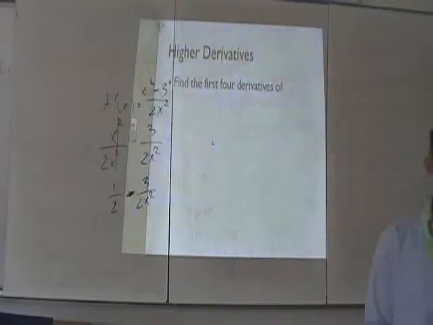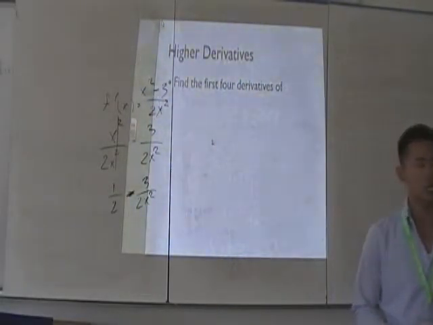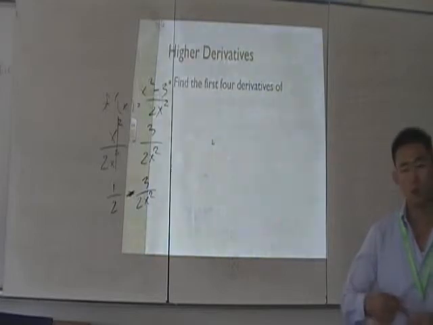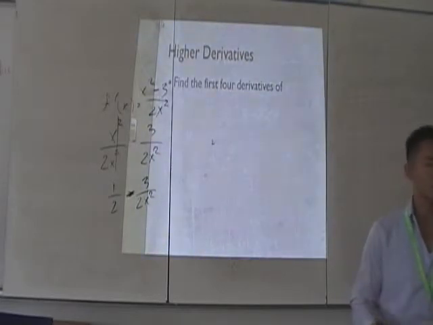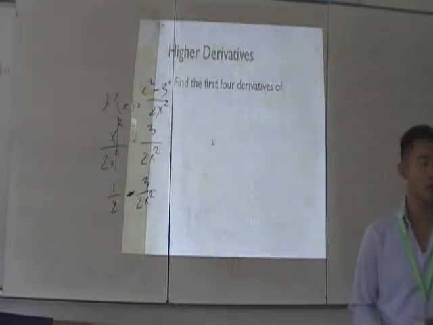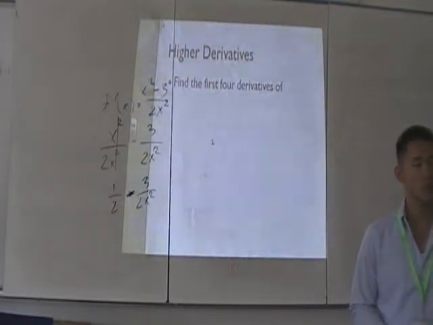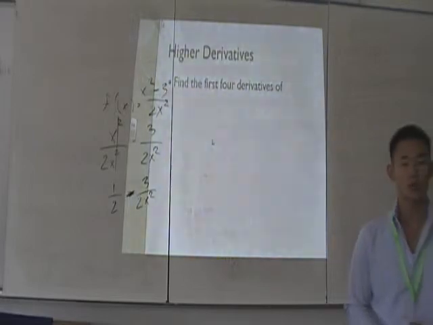Alright, so we can also take the derivative more than once. And we kind of talked about this on Friday. So there's something called first derivative, second derivative, third derivative, fourth derivative, and so on. But it actually gets easier each time, or usually gets easier each time.